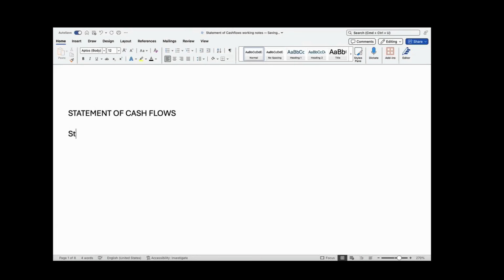And you need to understand that statement of cash flows is also known as statement of changes in financial position.